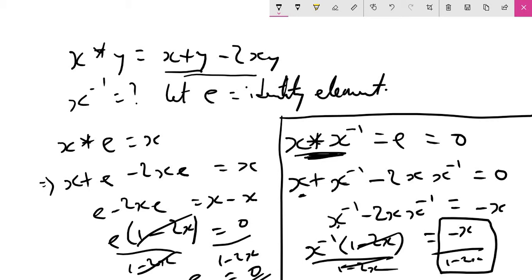All right. So now x inverse has been determined. The other question they were asking is: for which value of x will x inverse not exist? Will x have no inverse? Is that possible?